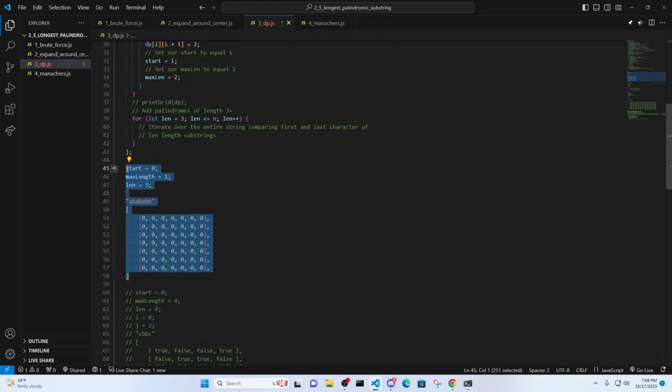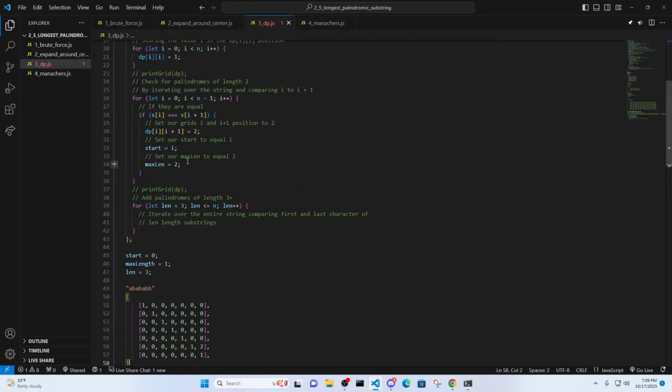So at this point we have here, here, here, here, here, here, here. We got that 2 there. And so let me go ahead and create the for loop real quick. So let i equals 0.